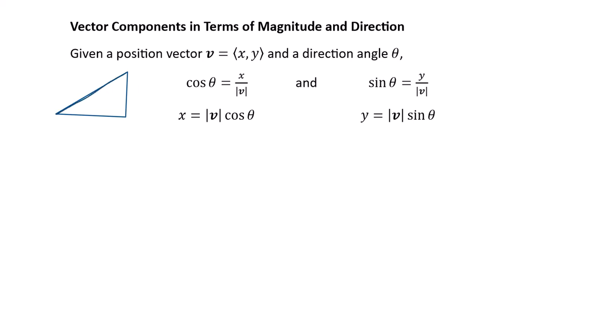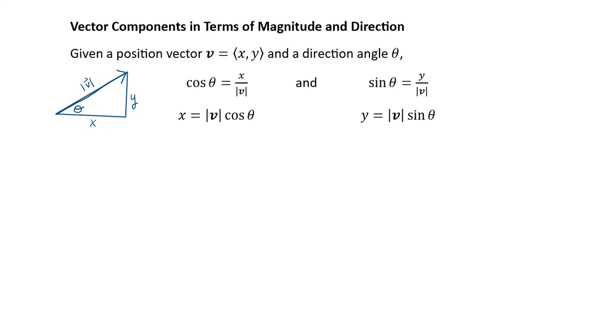If this is our vector v, and this is the angle theta, I know that this is the x, this is the y, and the hypotenuse is the magnitude of that vector, or the length of the vector. So the cosine of theta is adjacent over hypotenuse.